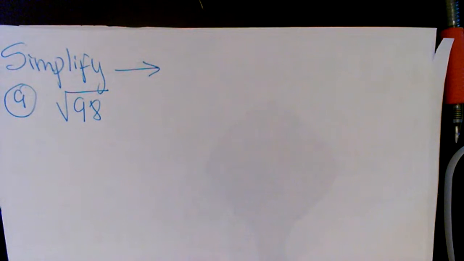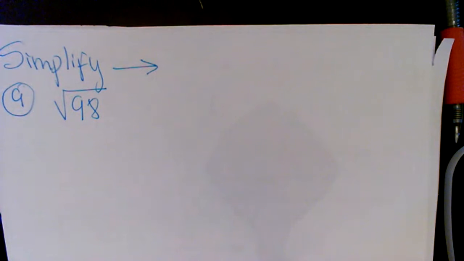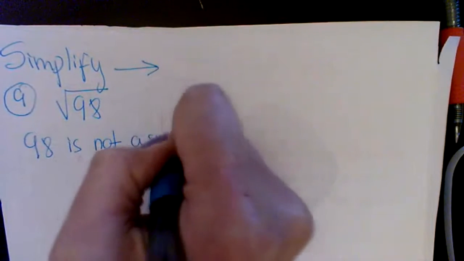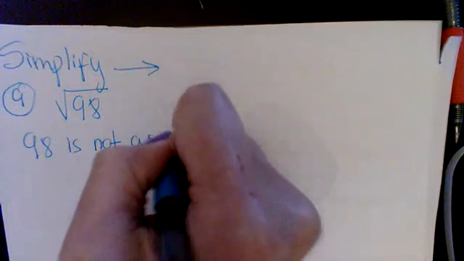But what happens there? What should we do? We need to rewrite 98 as the product of a square and some other factor. So let's do that. 98 is not a square, meaning there's not a number that I multiply by itself and get 98. Okay?